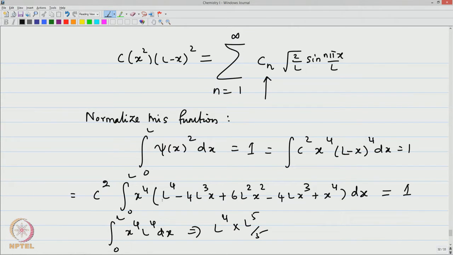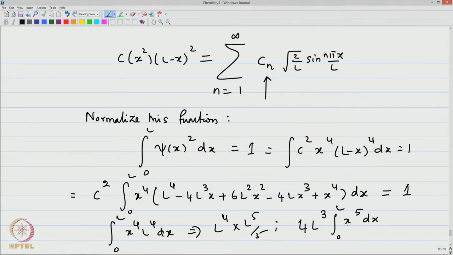So, that is the first term. The second term, for example, is 4 L cube times the integral of x raised to 5 dx between 0 to L.